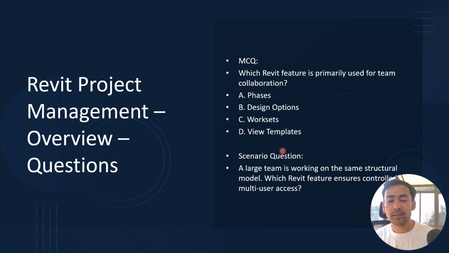So worksets define how each individual borrows the elements and works on a particular part. You might have multiple colors for each workset, and that way you will understand who is working on what. So for Revit project management, team collaboration works as a very powerful tool.